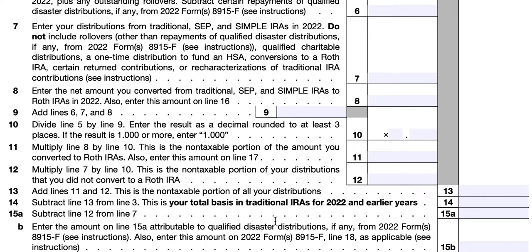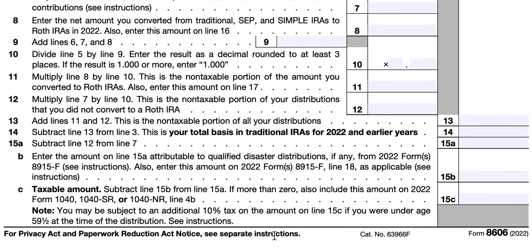In line 15B, you'll enter any amount that might be attributable to qualified disaster distributions. This number, if it's above 0, will also go into your 8915 form. Line 18 is applicable. You'll subtract line 15B from line 15A.